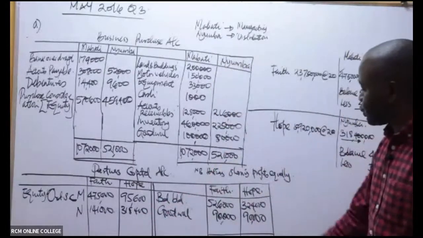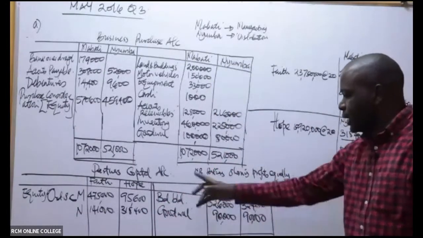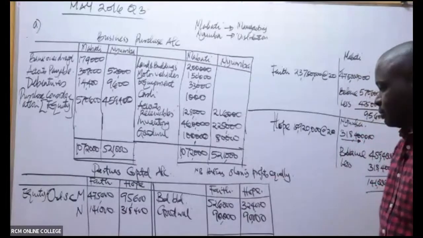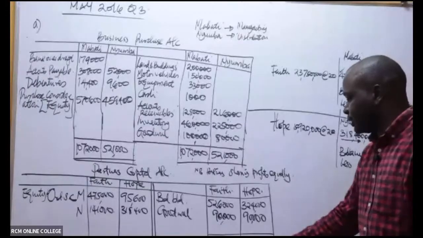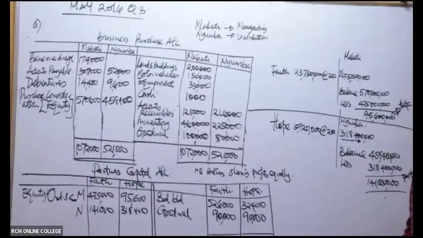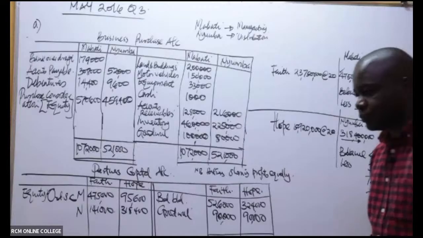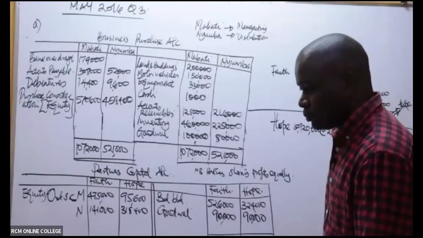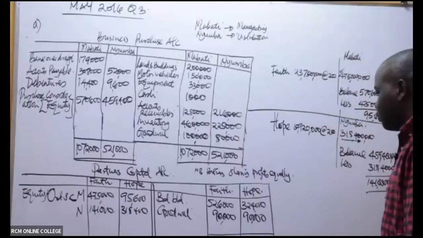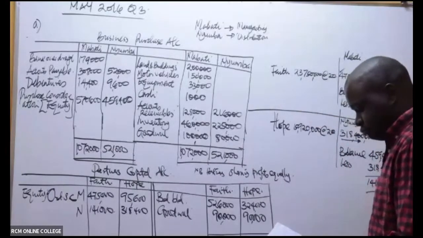So I want you to do the total here. They should be able to balance. How much are you getting as a total for Hope? I can see you are saying 414.